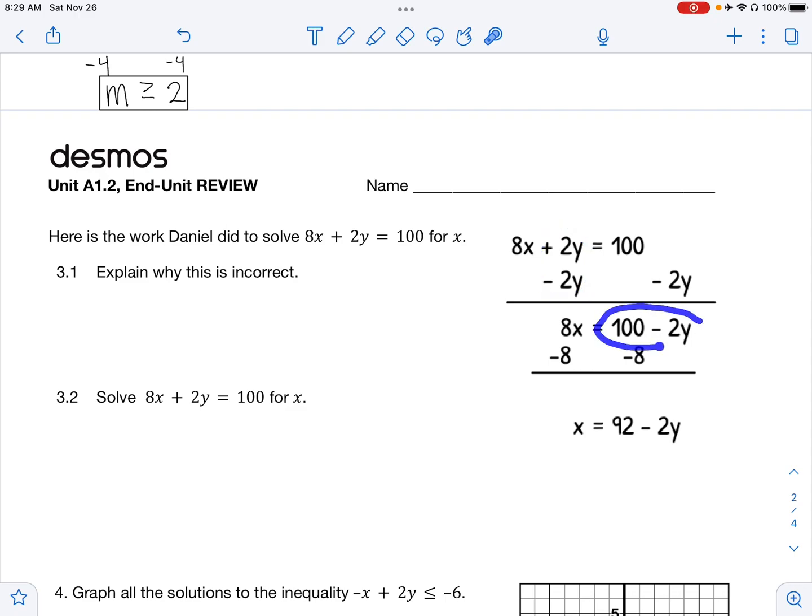So then it wasn't subtracted from 100, it's just written as subtracted 2y. Now we're going to subtract 8, subtract 8. Well, if I'm trying to get x by itself, 8 is multiplying by x. I need to unmultiply it or divide it, not subtract it. So 8 should be divided, not subtracted.